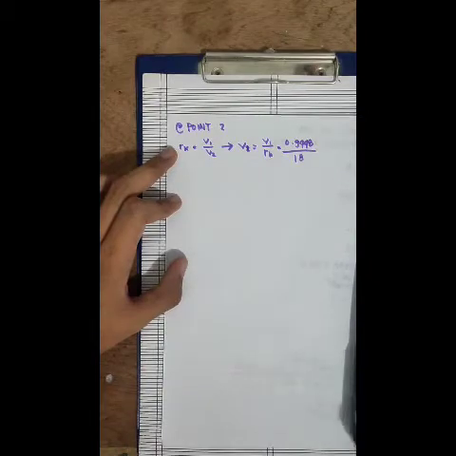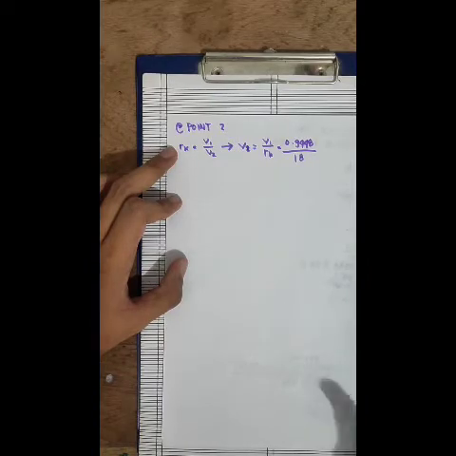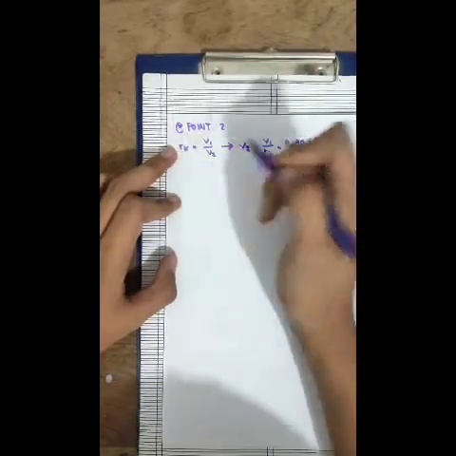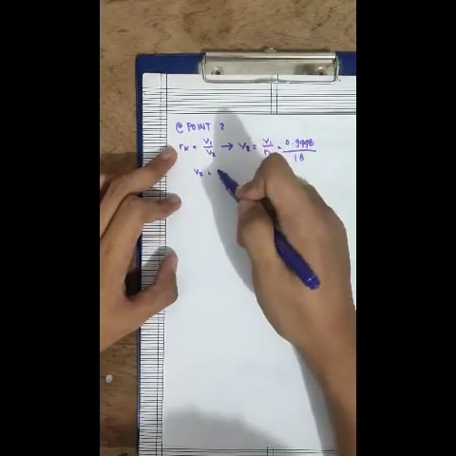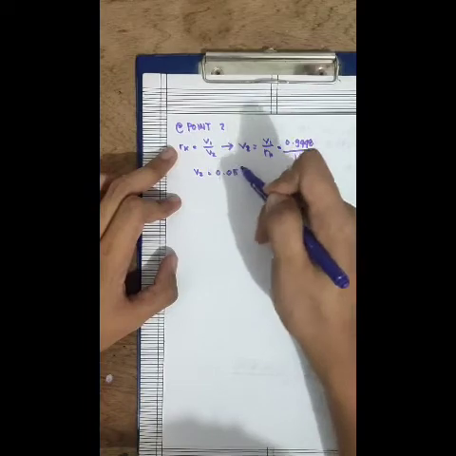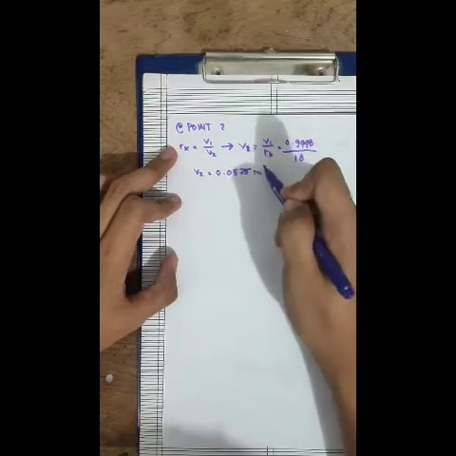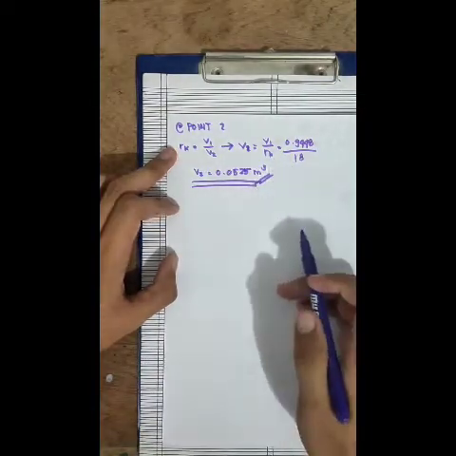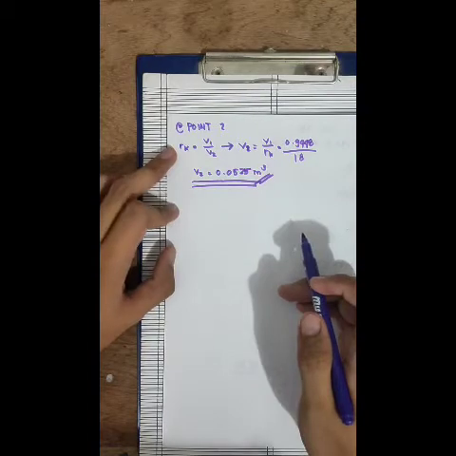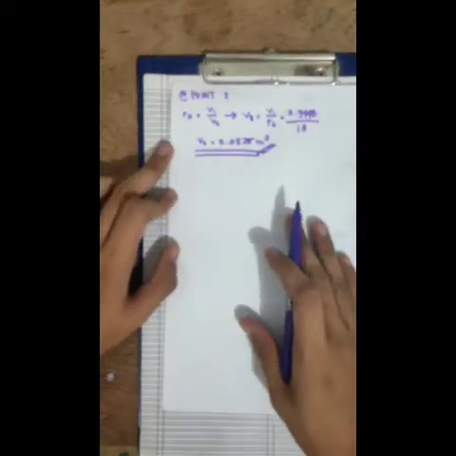So the V2 is equal to 0.0525 cubic meter.